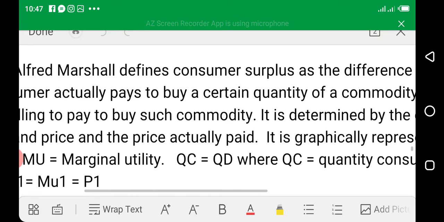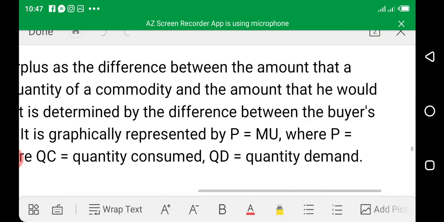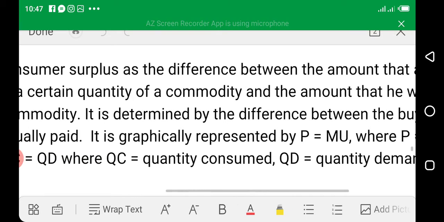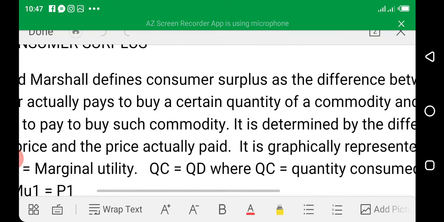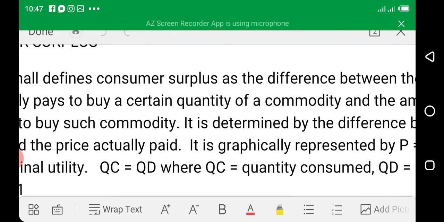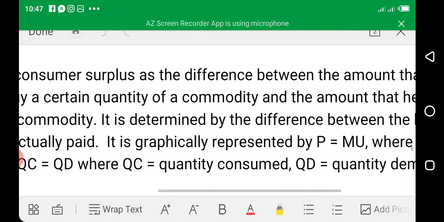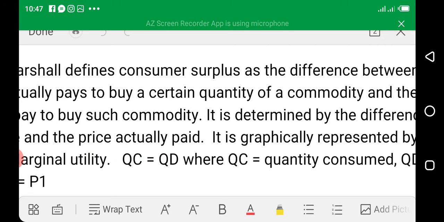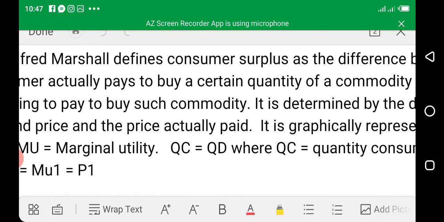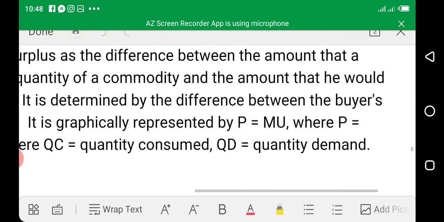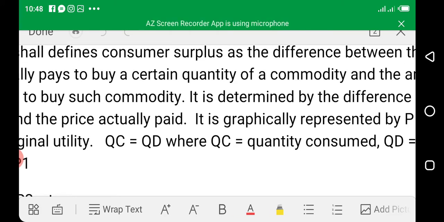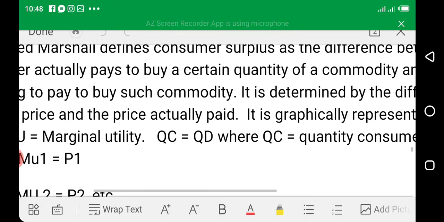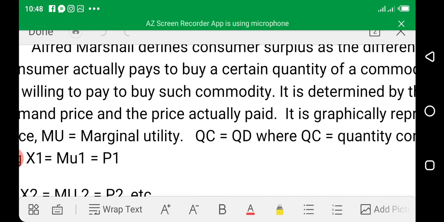Alfred Marshall defines consumer surplus as the difference between the amount of money that a consumer actually pays to buy a certain quantity of a commodity and the amount he would be willing to pay to buy such commodity.